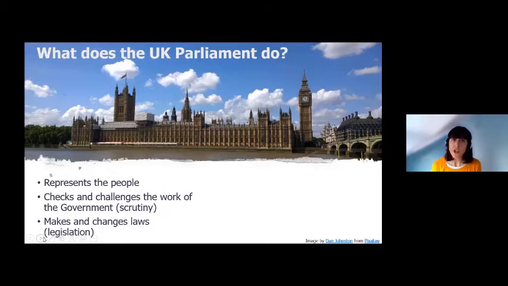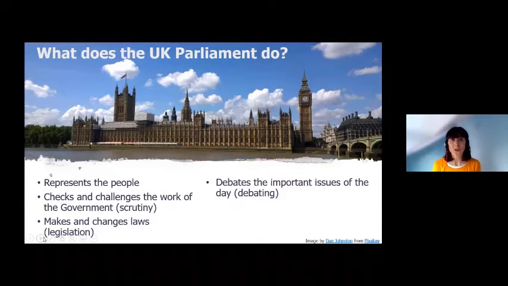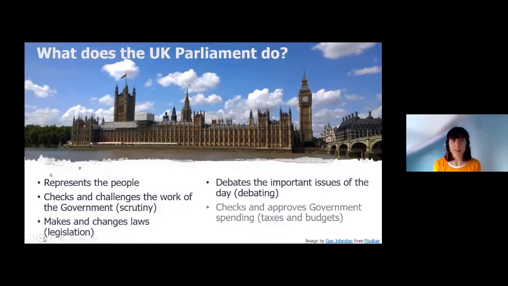We're not going to talk too much about legislation today, but if you do have questions about the legislative process, please do get in touch with us and we can send you more information and talk you through how research feeds into legislation. Debates the important issues of the day, so MPs and members of the House of Lords can raise a debate in Parliament and get a response from the government. And checks and approves government spending. So the government needs to get tax and budget proposals approved by Parliament before those can be enacted.